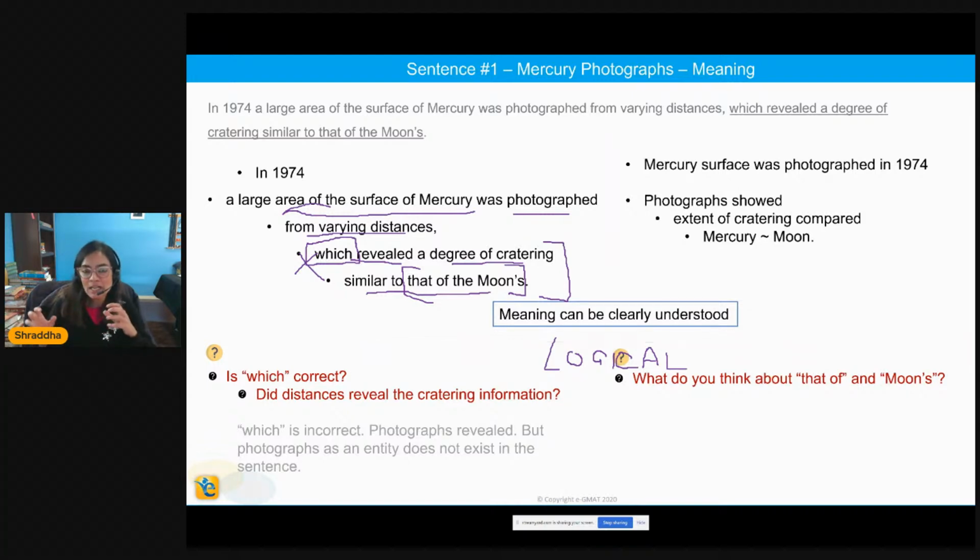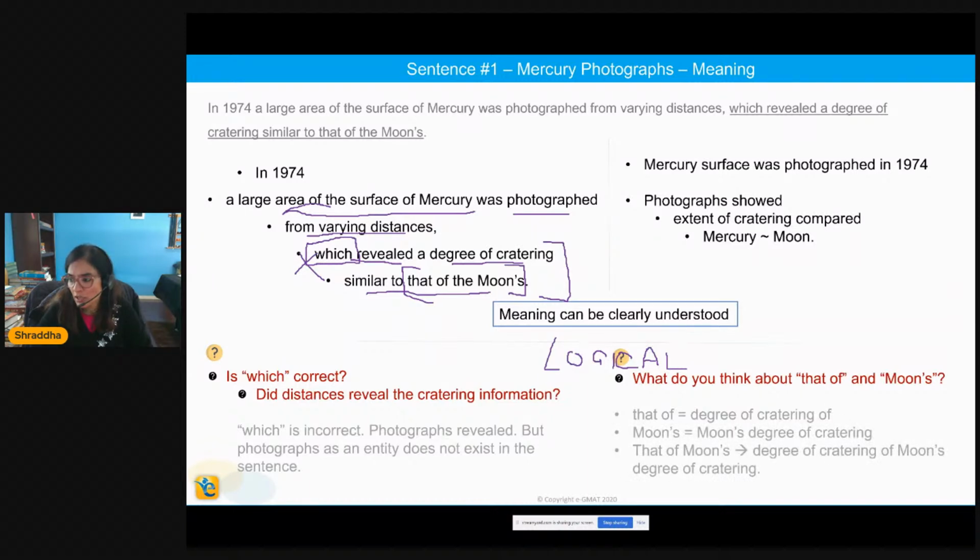So the last part actually is saying now similar to a degree of cratering of the moon's degree of cratering. So that's a redundancy in the sentence. And so we have this blatant grammatical error in the sentence. So these are the two errors that make us reject choice A. We know for sure that the choice A is not the correct answer.